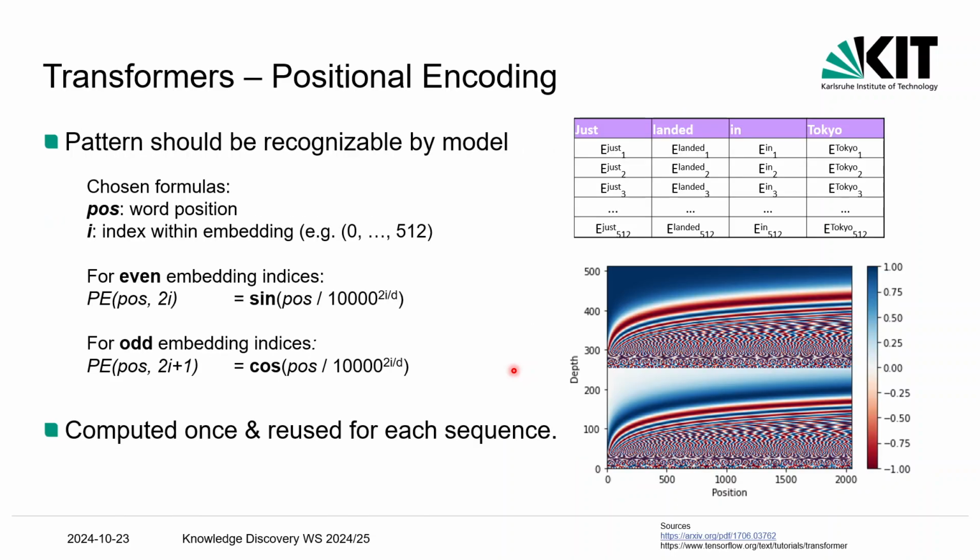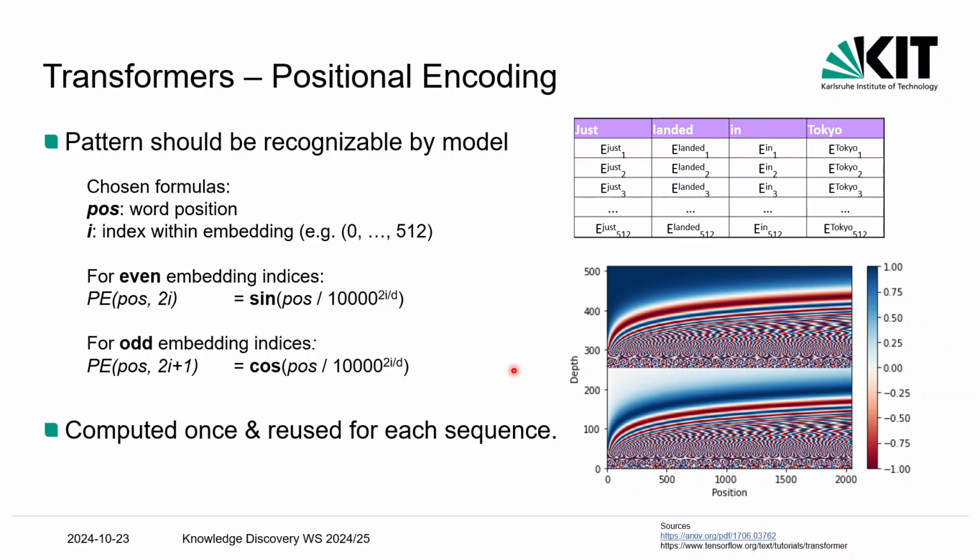Namely, as I already alluded to before, they wanted to have a pattern that would be recognizable by the model, and they would then compute it once and then reuse it for each sequence. That way, if we use it for each sequence over time, the model would then hopefully learn that, hey, this is a word, but it still has a certain relation to the other words that can be learned.